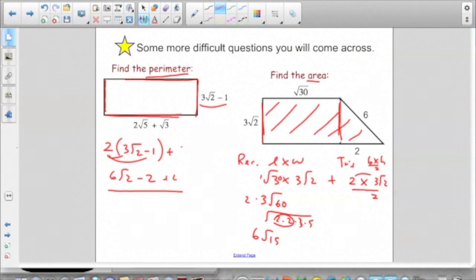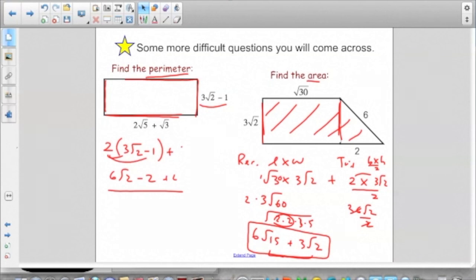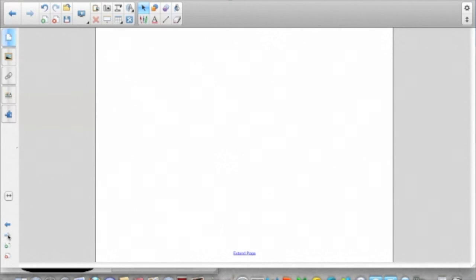So let's just multiply that in. So that becomes 6 root 2 over 2. And then this cancels out to make it a 3. And then we add it down here, so 3 root 2. And can we bring these together? No. So there is our answer. Okay, so just watch for those ones. Those ones are a bit challenging. And that is the end.